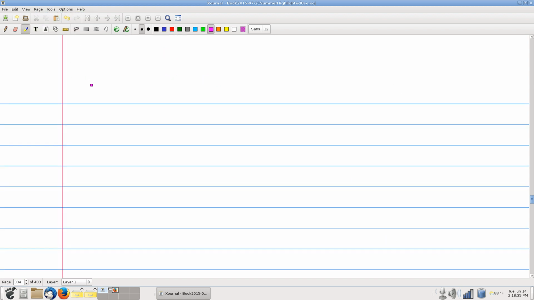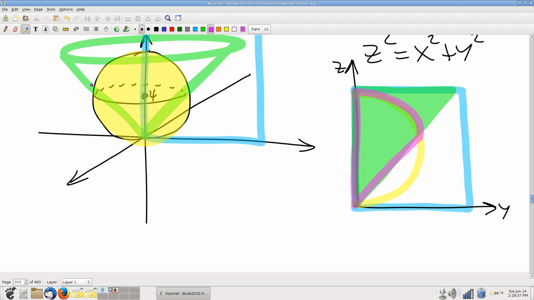So, new page. Trying to visualize what it looks like when this thing here is rotated. Let me observe that what we have then is this triangle down here. That rotates to make a cone. And then I have this quarter disc. And that rotates around to make a semi-ball. Right?